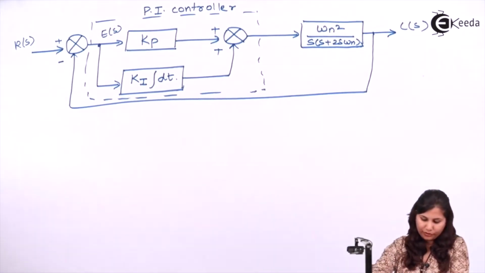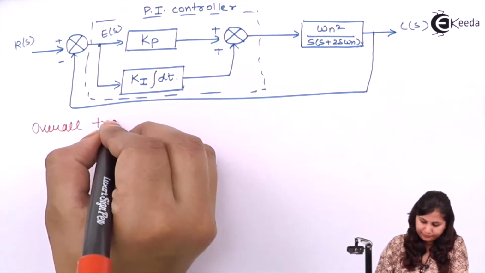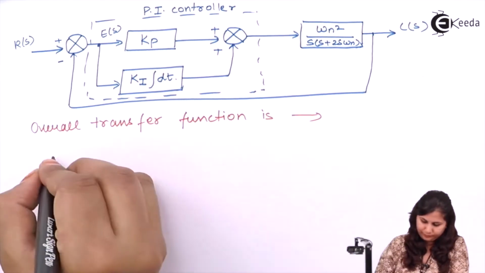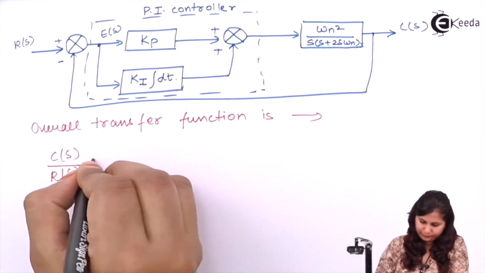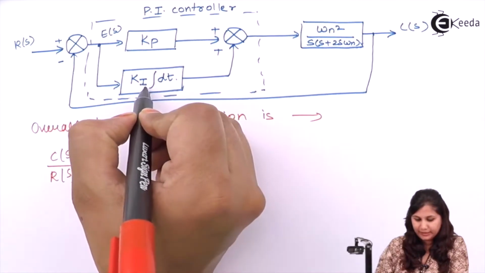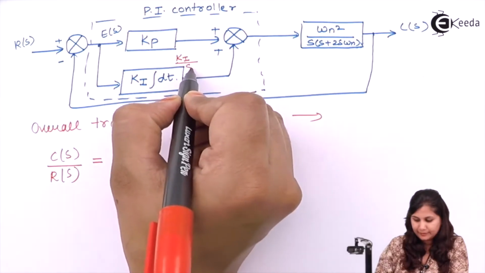Now let us derive the overall transfer function of this system. So the overall transfer function will become, when we apply Laplace transform on this integration, it will become Ki upon s.